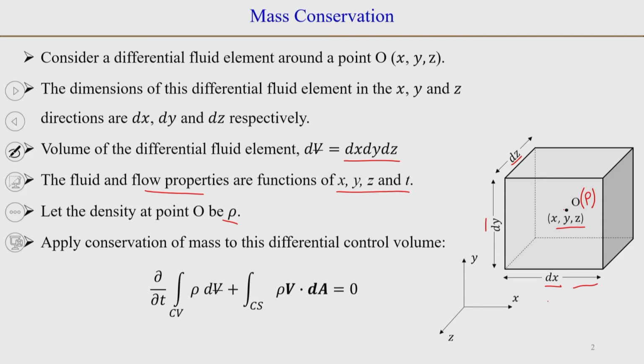So, the mass conservation equation is del over del t of the integral over the control volume of rho dV, plus the integral over the control surface, or area integral, of rho v dot dA. Now our task is to evaluate these two terms for the differential control volume that we have considered.